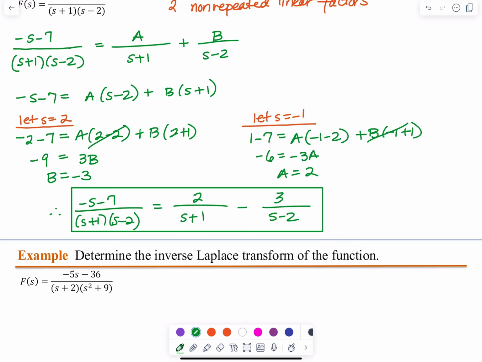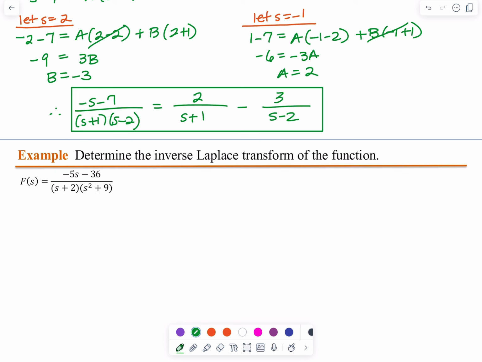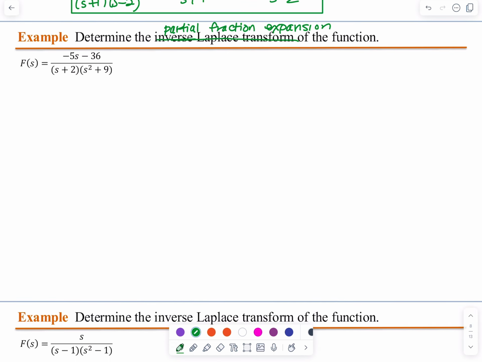Let's try another one. These instructions are not correct. We are just going to determine the partial fraction expansion. Okay, so as you can see here in this next example, the denominator has one linear factor and one irreducible quadratic factor.